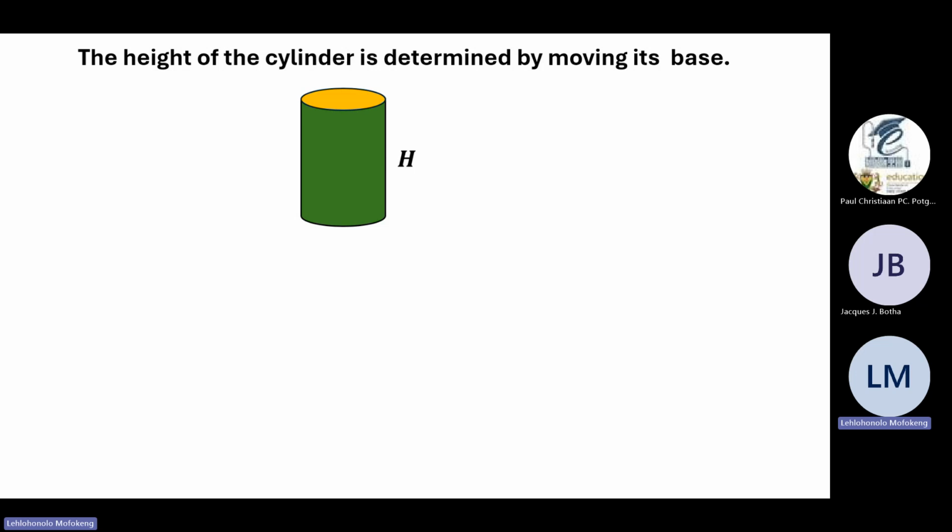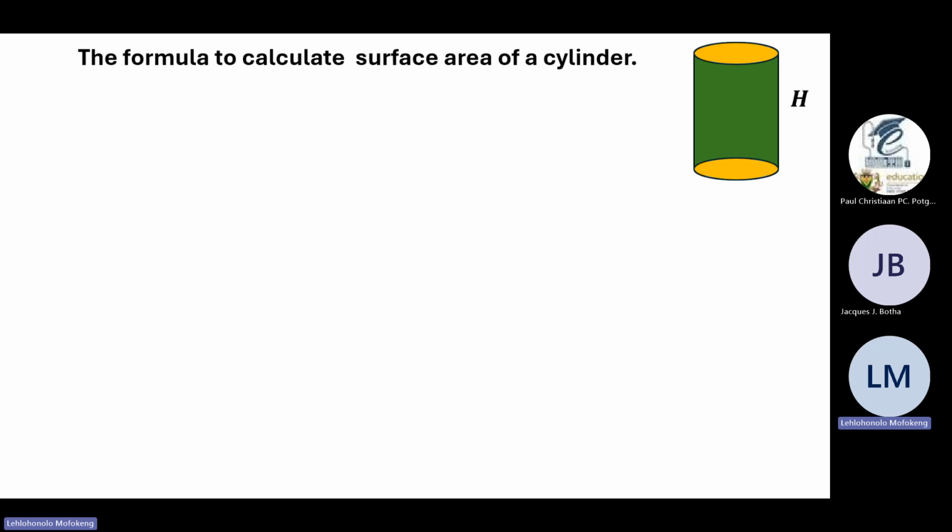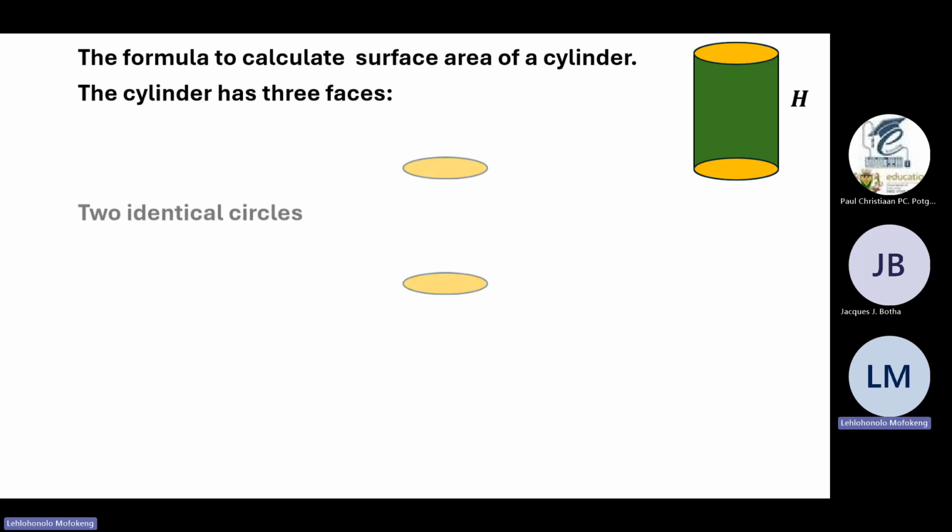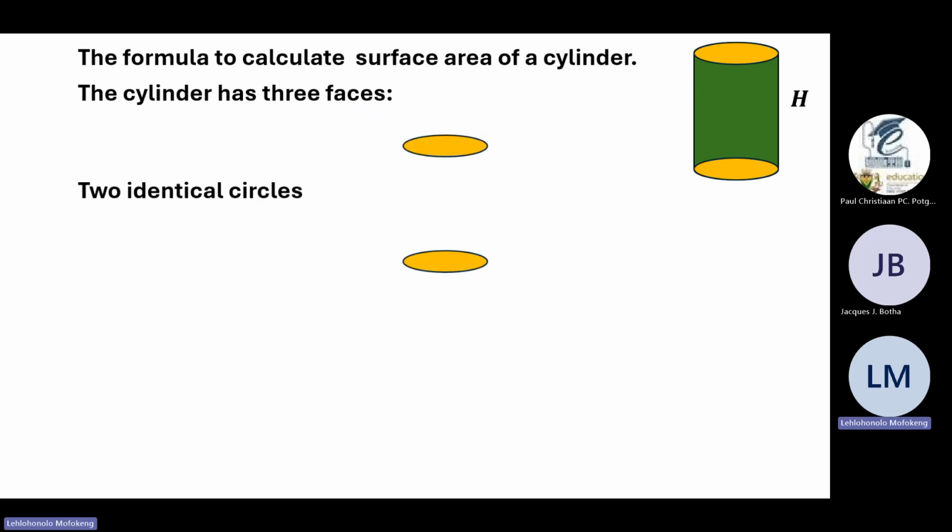Right. And then moving forward, we are now going to formulate the formula to calculate the surface area of a cylinder. This is the cylinder with 2 circles and its height. The cylinder has 3 faces. The first 2 faces are the 2 circles that are identical.